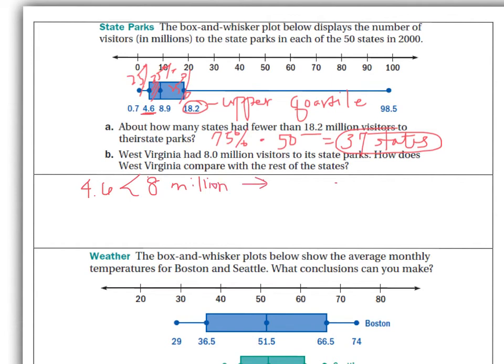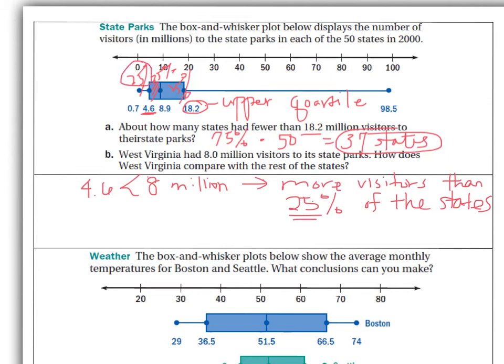So this means West Virginia had more visitors than 25% of the states. This 25% would just represent this part of the whisker.